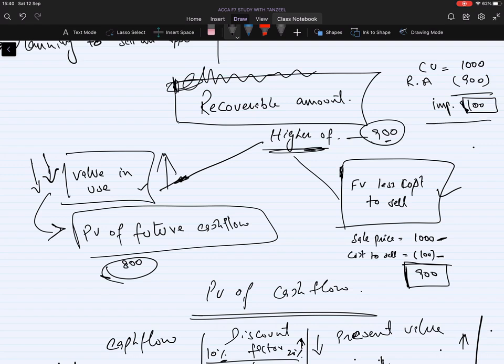And suppose you have a carrying value of 800 and recoverable amount is 900, in this case it means no impairment, because the carrying value is less than the recoverable amount. But if you have a carrying value greater than the recoverable amount, impairment is a must.